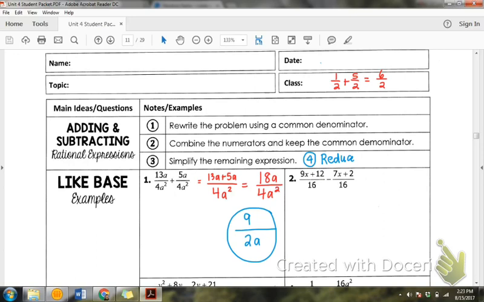All right, number 2. What's our denominator going to be? 16. So I'm going to draw a big line, and then I'm going to put a 16. The reason for that is because when this is subtraction, notice it's subtraction here. It's subtracting this entire second term, which means we're going to have to distribute the negative sign here and here.